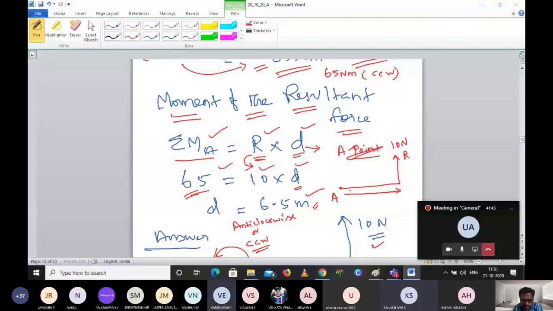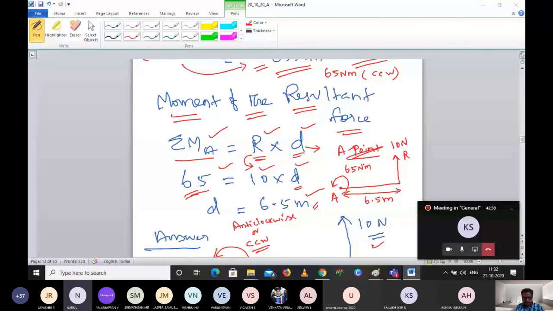What about the moment we got? Minus 65. You see the direction how I put. Are you getting how I am drawing? It's a counterclockwise 65 Newton meter about point A, and the resultant is acting 6.5 meter from A, on the right side. Are we clear about this? Yes, sir.